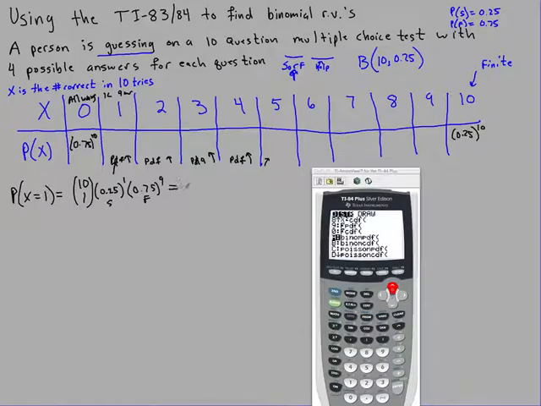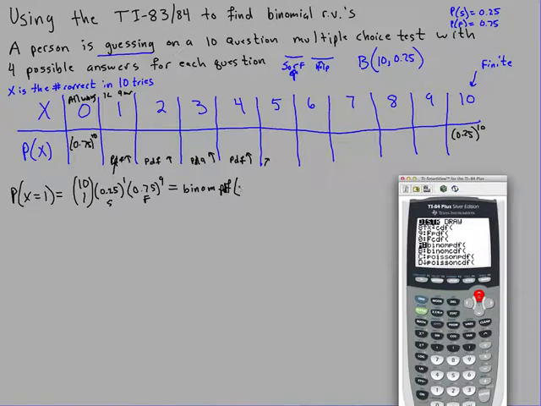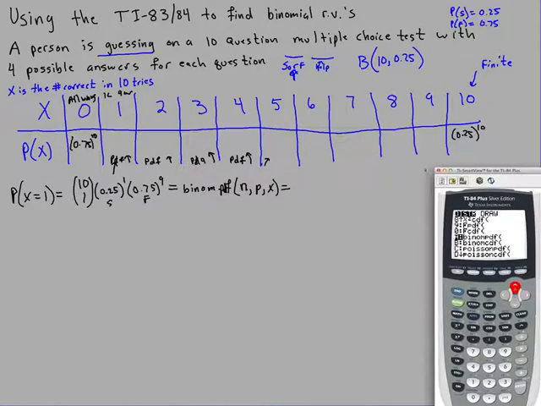Okay, so let me show you how to do this. This would be a binomial PDF, and these are always your parameters: n, comma, p, comma, x. Those are always your parameters, so get used to this. How many trials?